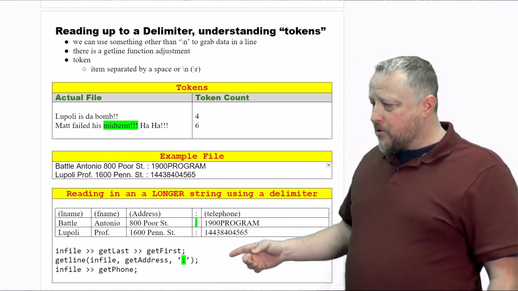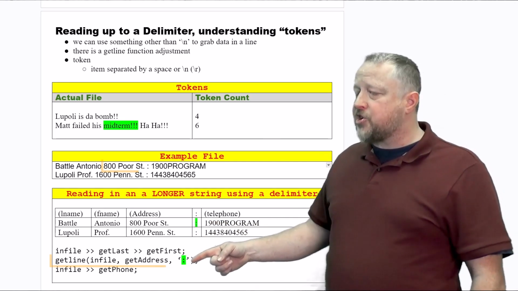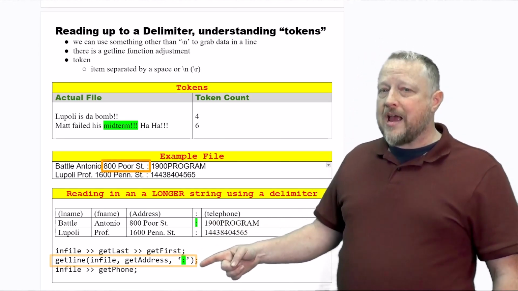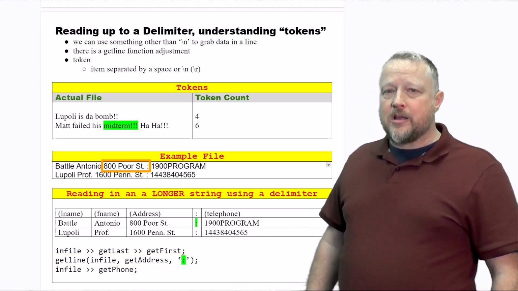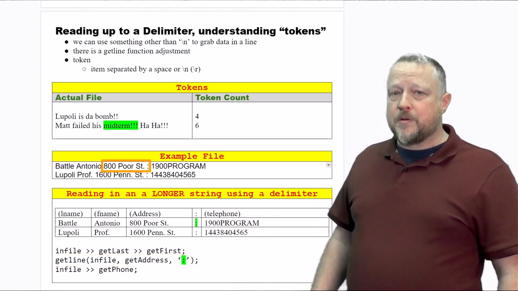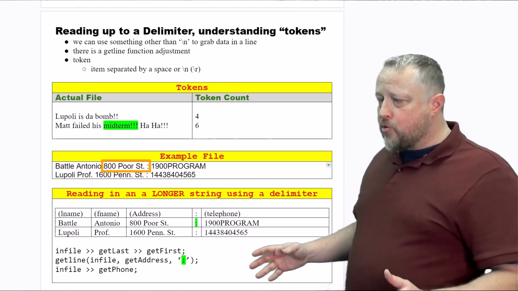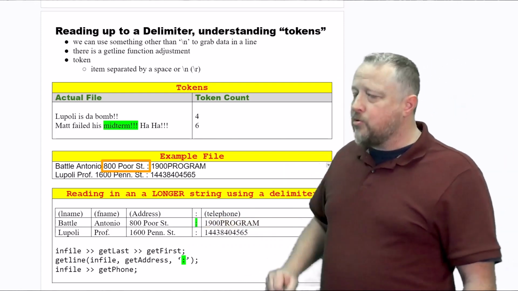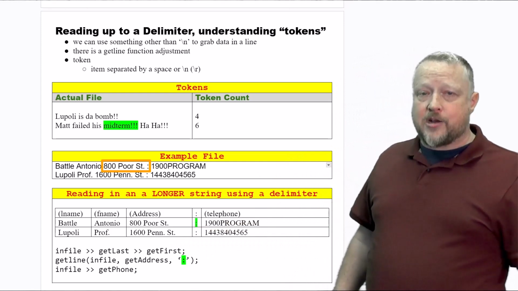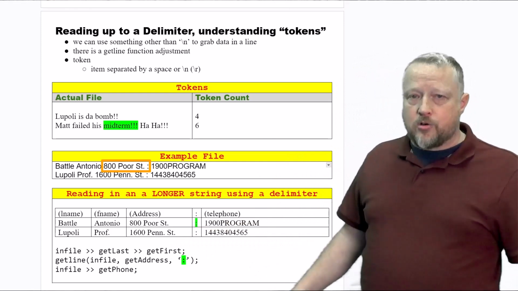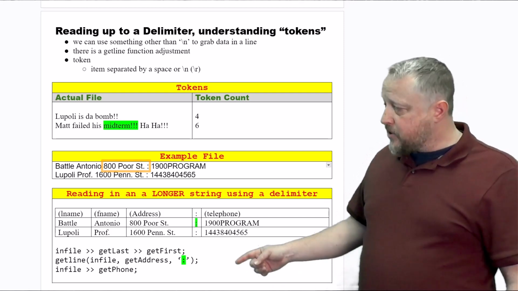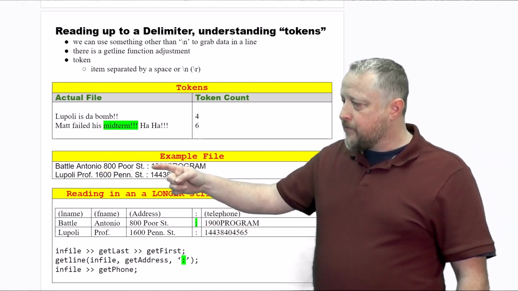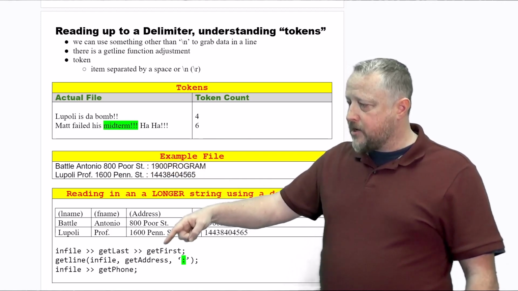But I can also tell getline, hey, I want you to stop and then ignore if you get to a colon in this particular example. So it's going to read that 800 Poor Street and put it into the variable address, or get address to be specific, so we can do whatever we want to do with it. But it is going to read all the way up to that colon and then place it into get address.